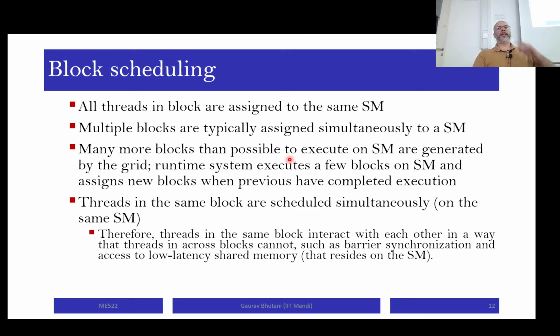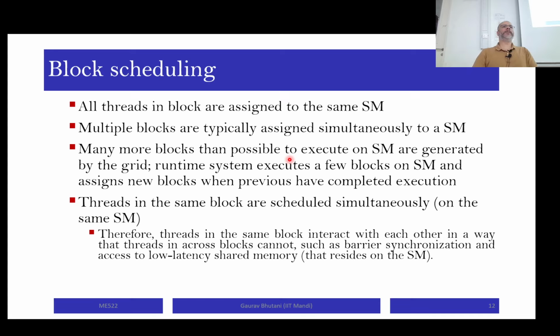Now you may get confused about what a streaming multiprocessor is and what a block is, because we said that when you launch a grid, the grid has blocks and blocks have threads. Now we are talking about streaming multiprocessors which have cores.